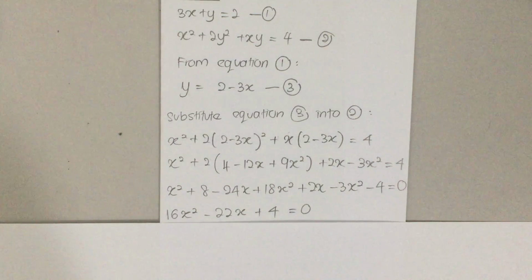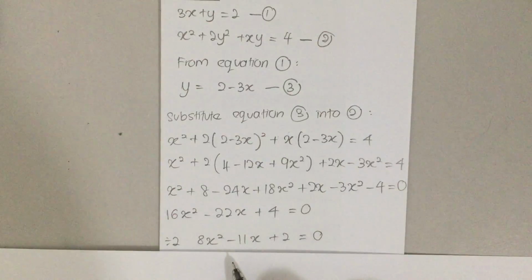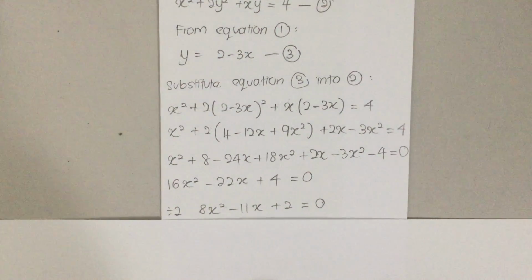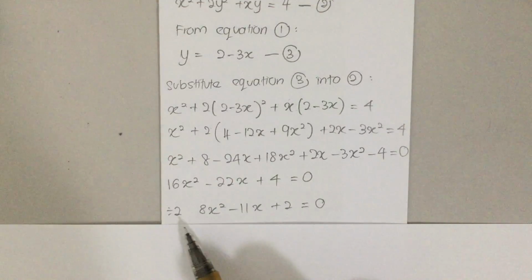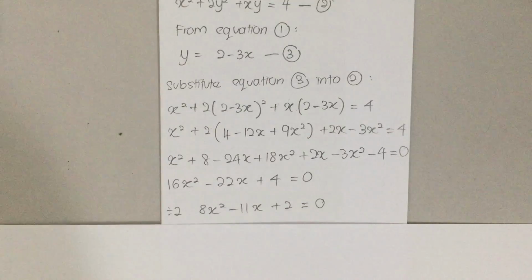This equation can be further simplified by dividing the whole equation by 2. We should get 8x squared minus 11x plus 2 equals 0. Since this expression cannot be further simplified, we can proceed to use our quadratic formula.